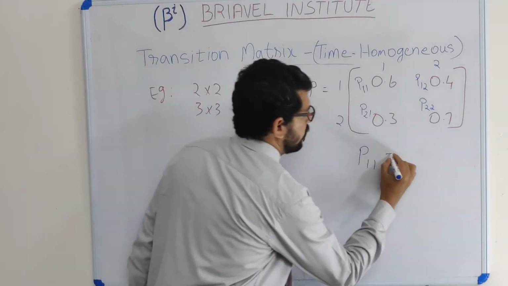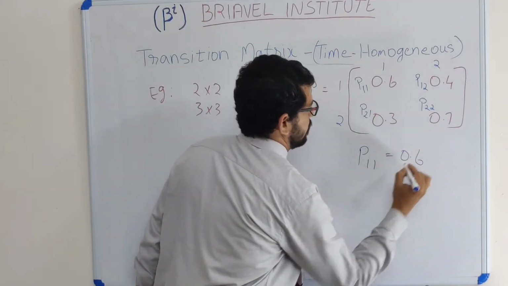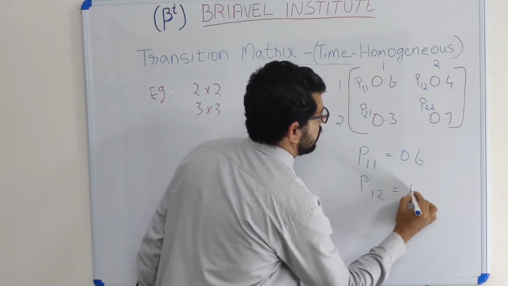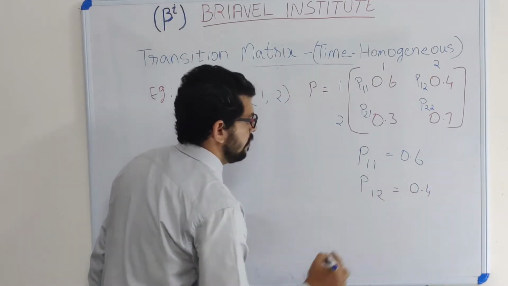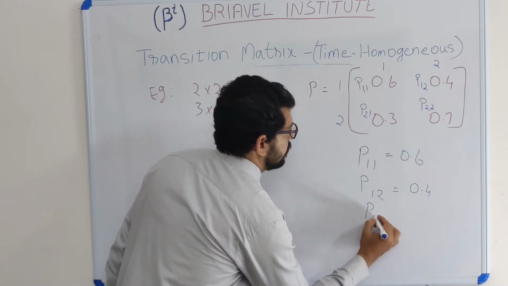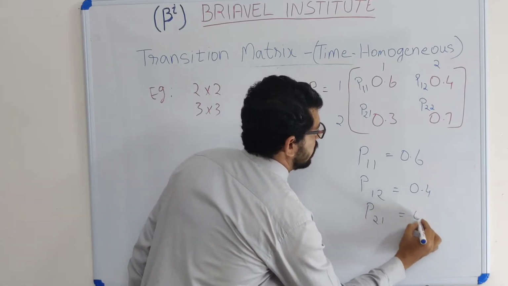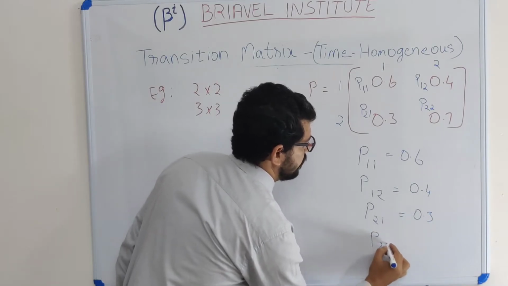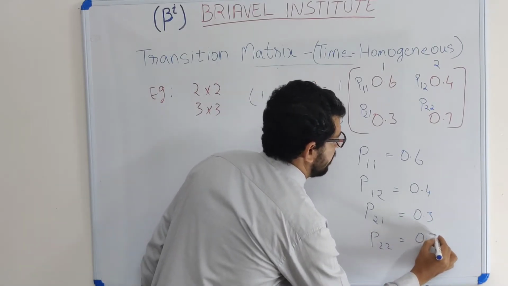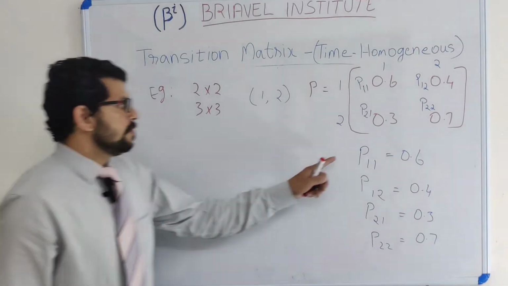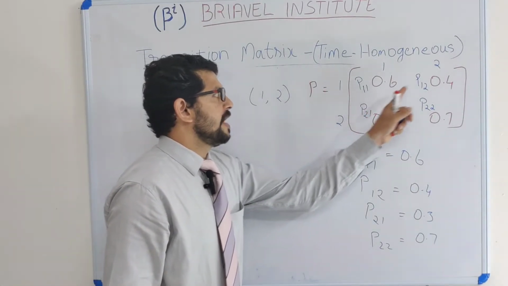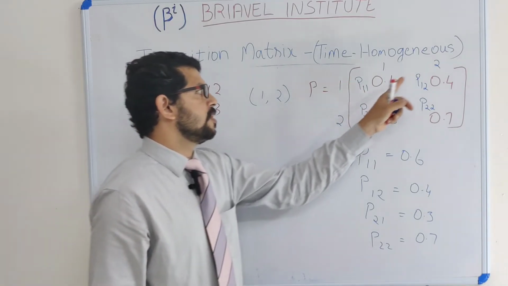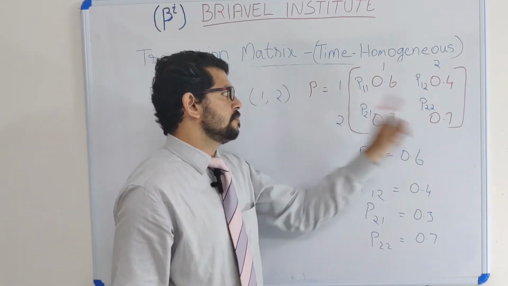So P of 1 1 is equal to 0.6, P of 1 2 is equal to 0.4, P of 2 1 is equal to 0.3, and P of 2 2 is equal to 0.7. So from the transition matrix, we write the transition probabilities: P of 1 1, P of 1 2, P of 2 1, P of 2 2.